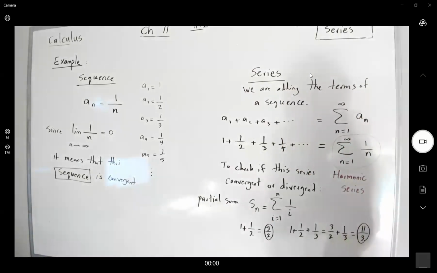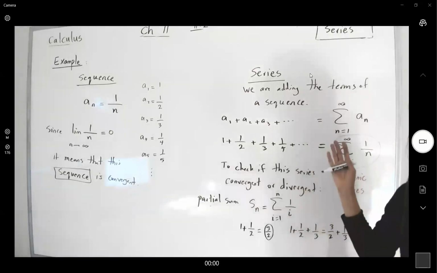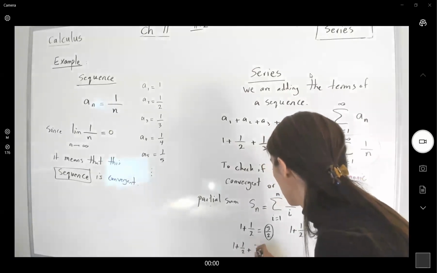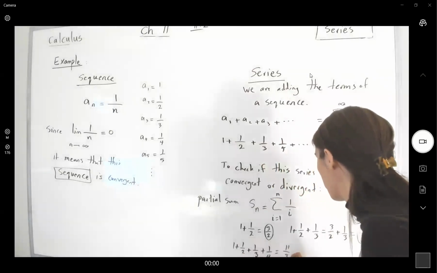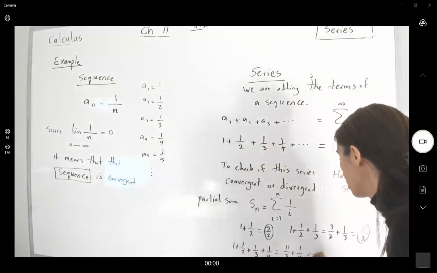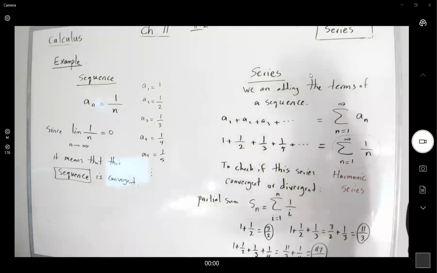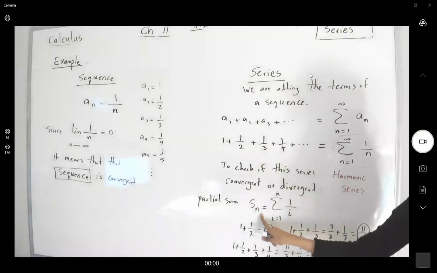By adding the partial sums, you see these numbers are getting larger and larger. 1 plus a half plus a third plus a fourth. This is 11 over 6 plus 1/4, which is 25 over 12. As you can see, these numbers are getting larger and larger. So the partial sum shows a divergent behavior.